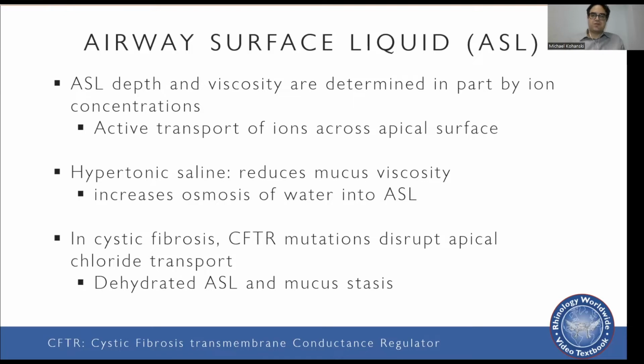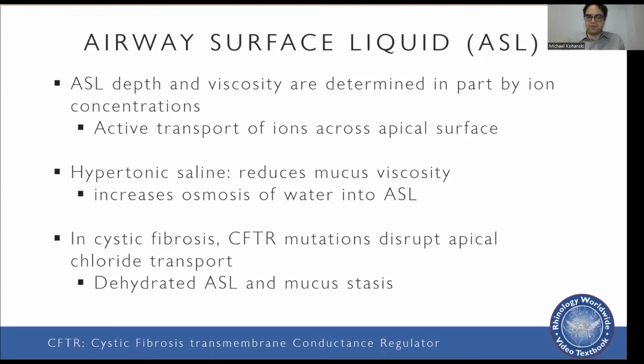As you pull more sodium chloride ions onto that apical surface, by osmosis you're going to move water to that surface as well, which is going to affect the ASL. So for example, if hypertonic saline is applied to an epithelial surface, that would reduce the mucus viscosity because there would be an increase in osmosis of water into the ASL due to the increased amount of salt molecules.